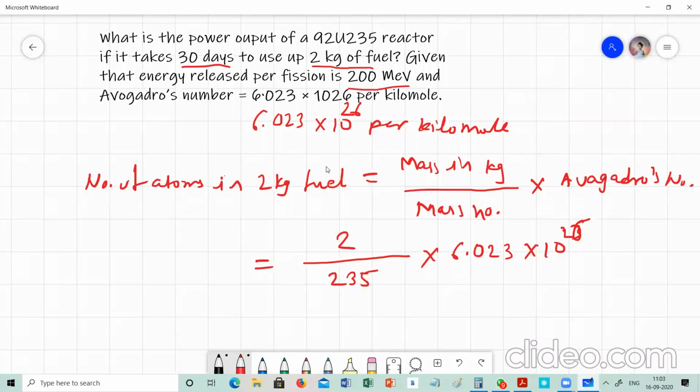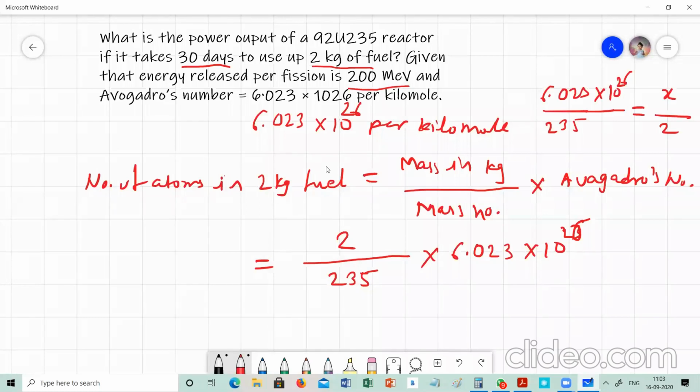Okay, it is like this. If 235 is equal to 6.023 into 10 raised to 26, they have given in kilomole, then 2 kilogram is equal to what? X. This is what we have to calculate.